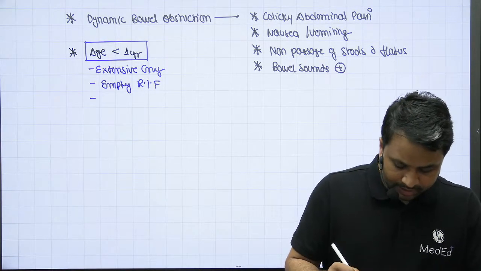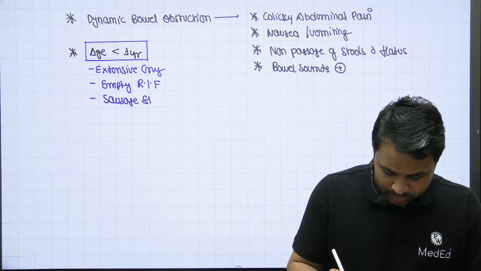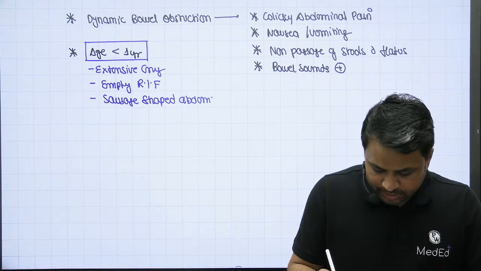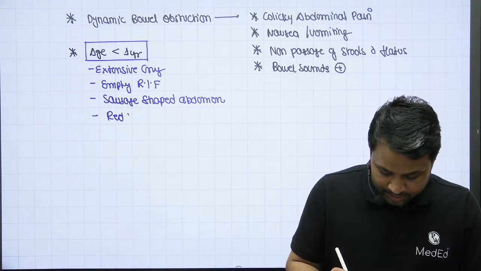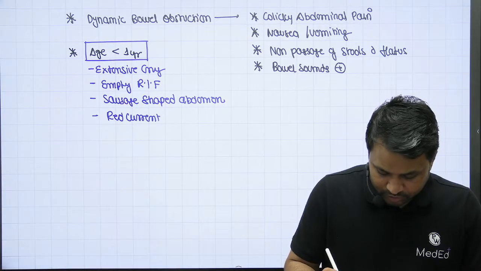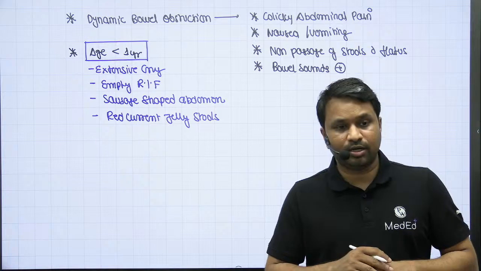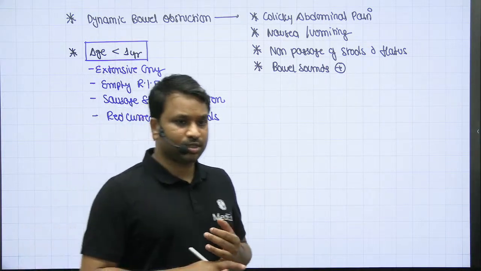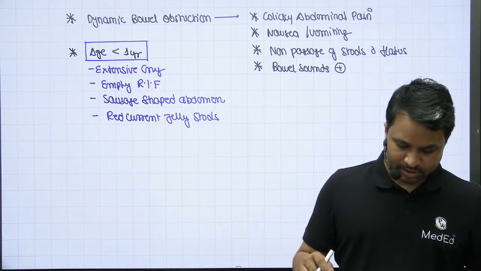It results in a sausage-shaped abdomen. And sometimes there's a spontaneous resolution of intussusception in children specifically, and there they'll present with red currant jelly stools. So extensive cry, empty right iliac fossa, sausage-shaped abdomen, and red currant jelly stool. All these are going to be seen.